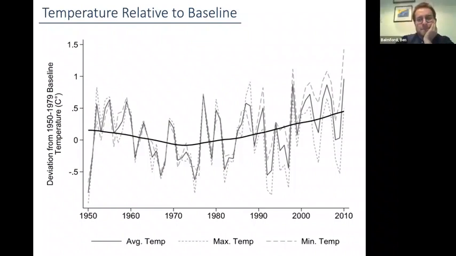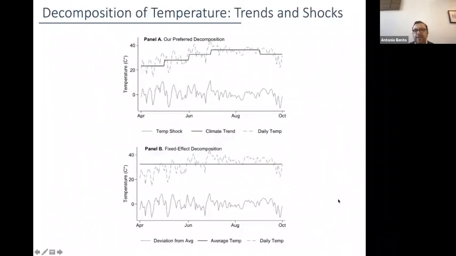There's nothing wrong with the data when we plot the changes in average temperature. They are aligned precisely with what others have suggested, and in particular, we see roughly a 0.5 degrees Celsius increase from the mid-70s until about 2010. And I think to get at Anthony's question, here you can actually see what the decomposition is doing in panel A as opposed to the fixed effects model.